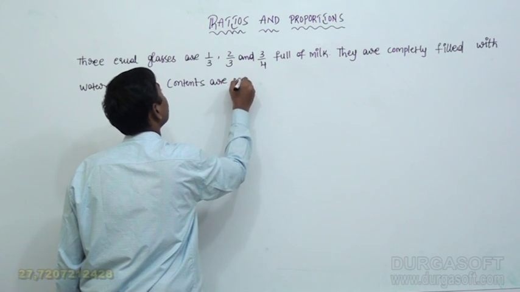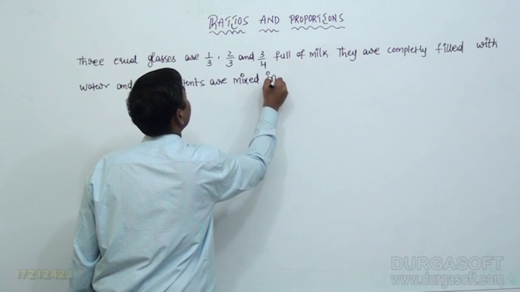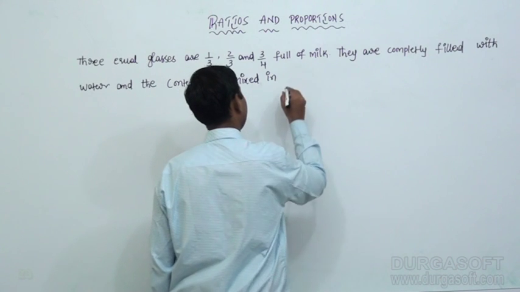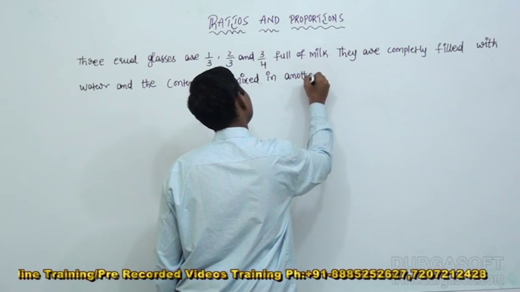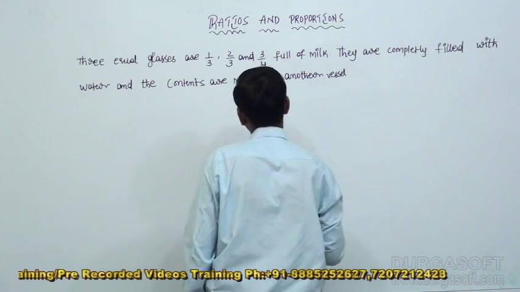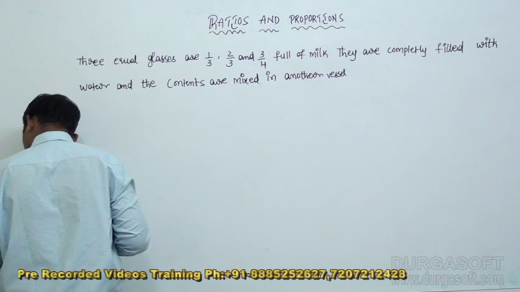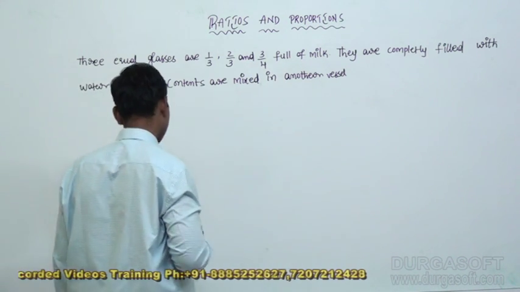Contents are mixed in another vessel. Contents are mixed in another vessel. What is the ratio of milk and water in the vessel?